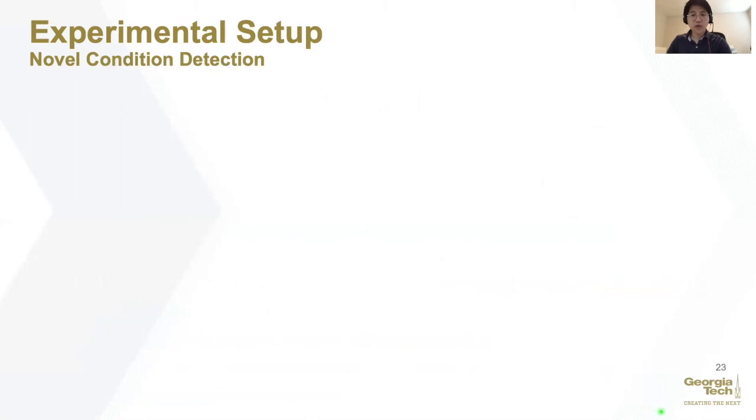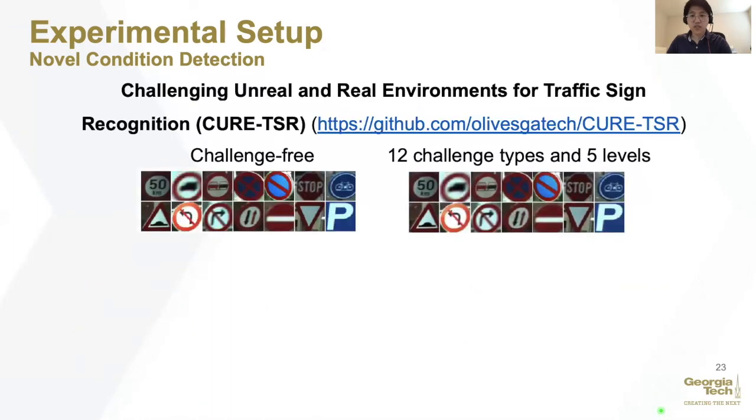We also compare classifiers for novel condition detection. The goal of this task is to detect whether the images are affected by challenging conditions or not. We use the CURE-TSR dataset, which contains more than 2 million traffic sign images with 12 challenge types and 5 challenge levels.